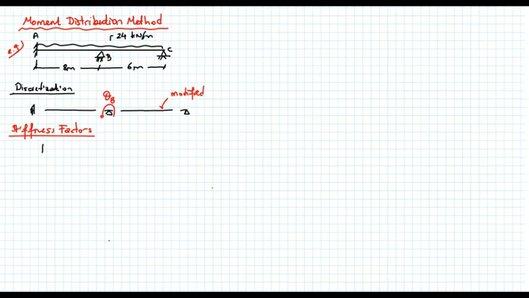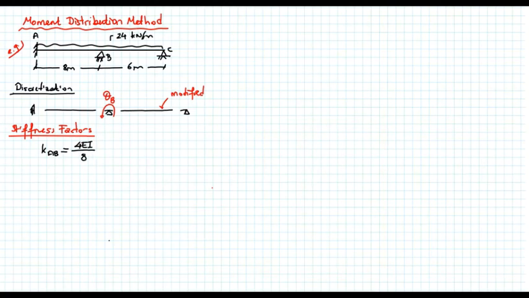So the stiffness factor for member AB, in order to determine that, I am doing moment distribution at point B. So I'm looking at the far end condition. Is it free to rotate? The answer is no. So the stiffness factor will then be equal to 4EI over 8.